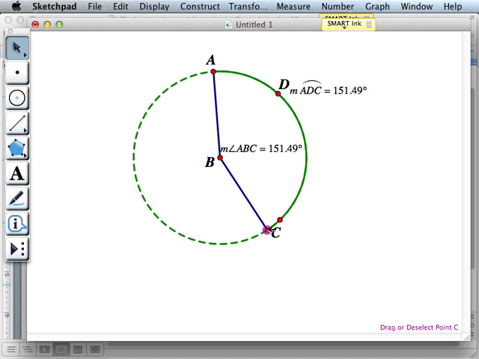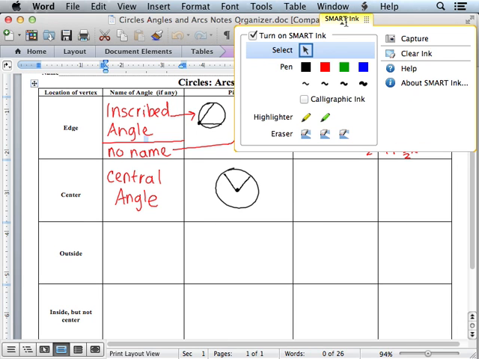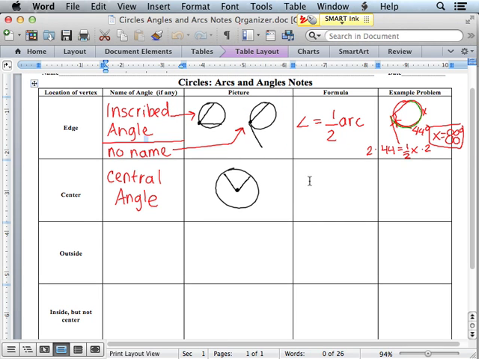But it's always equal. Okay, so the point is that the central angle equals its intercepted arc. So my formula would be simply that the angle equals the arc. So I have a simple picture here.